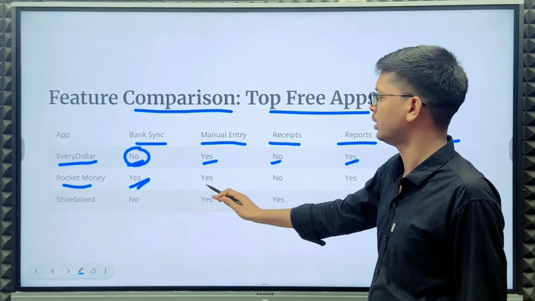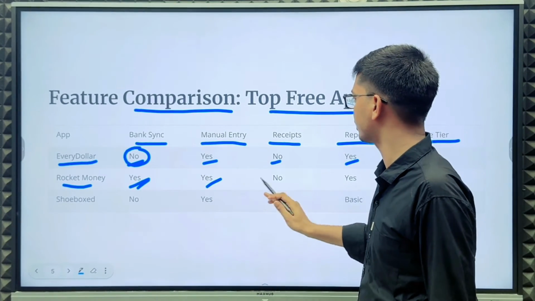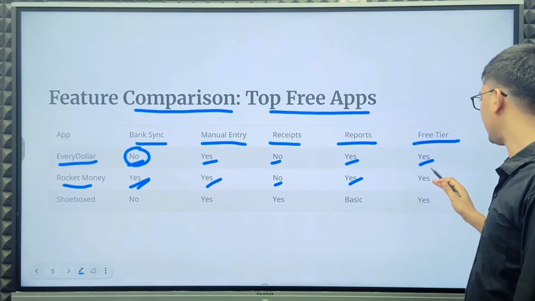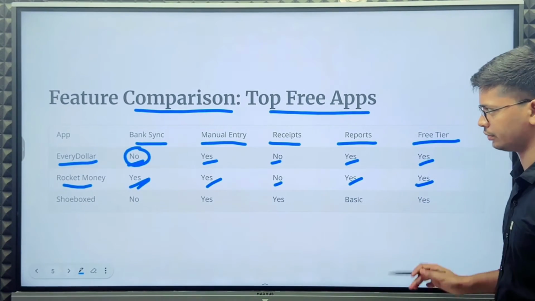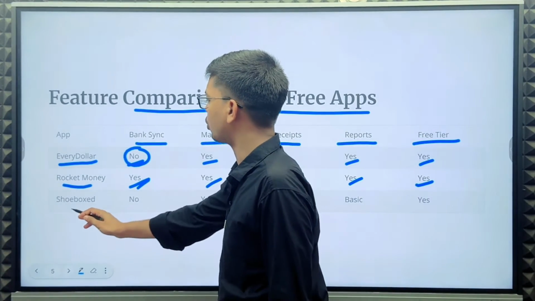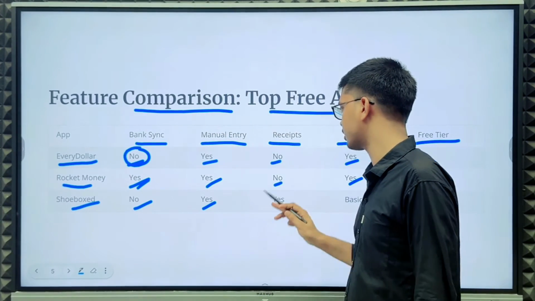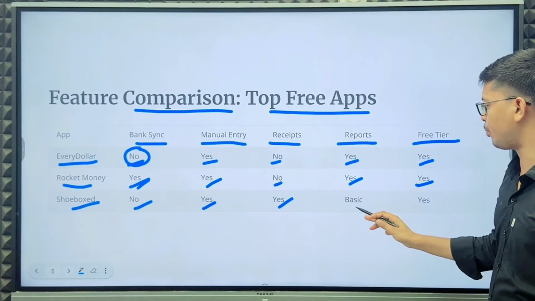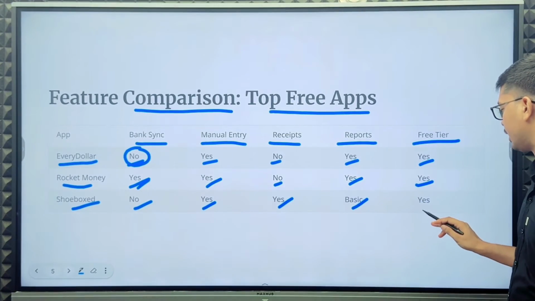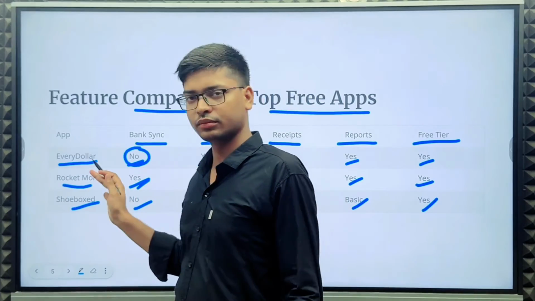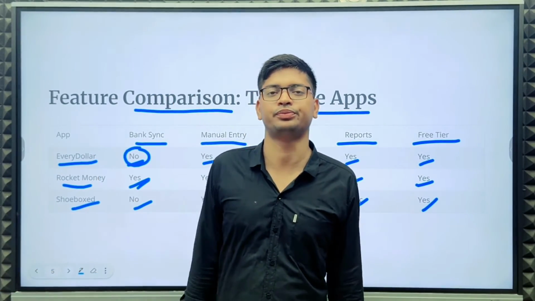Okay, but manually entry, yes. Yes, and battery three times, yes. Bank signing, manually entry, yes, and reports, basic reports there, and finish.